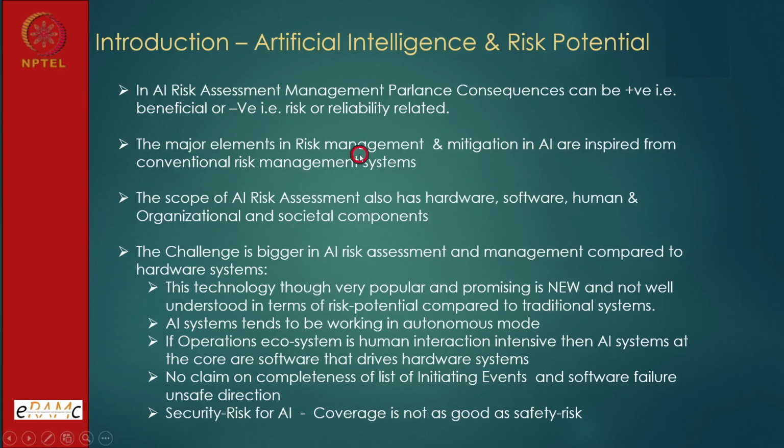The major risk management and mitigation approaches in AI are inspired from conventional risk management. When I was developing this module for AI, I felt there is at least a lot of overlap with the conventional approach, and that will be seen in this slide also. The scope of AI assessment has hardware, software, human, and now you see the paradox.